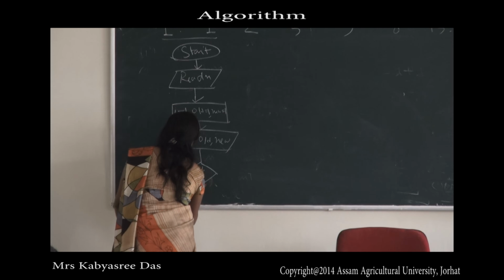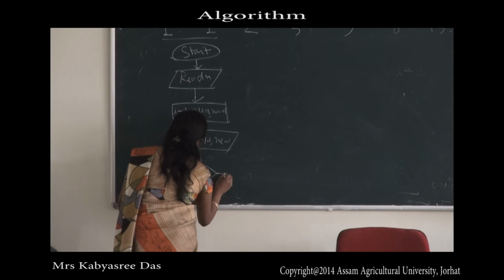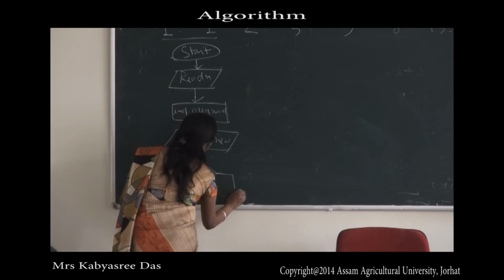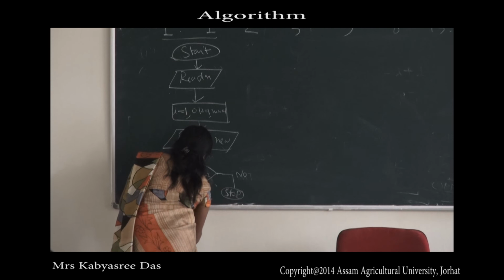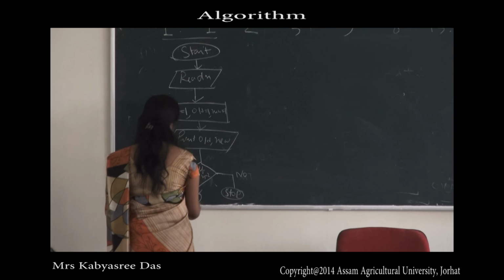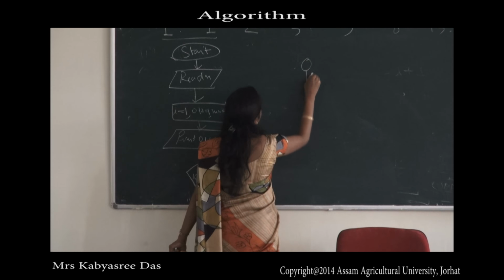If I is less than equal to n minus 2, if it is no, then stop. So I use the connector here.